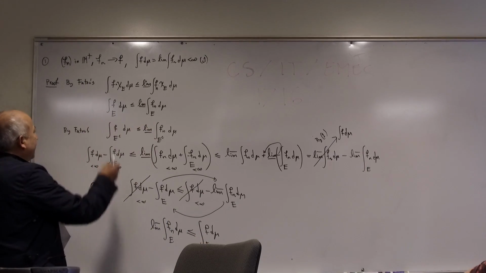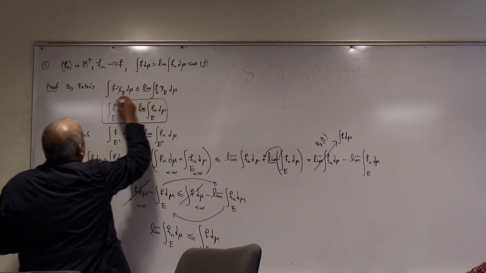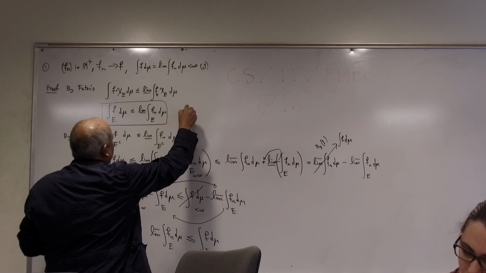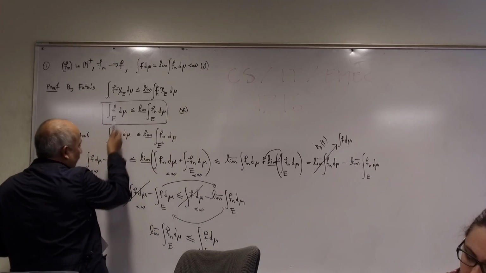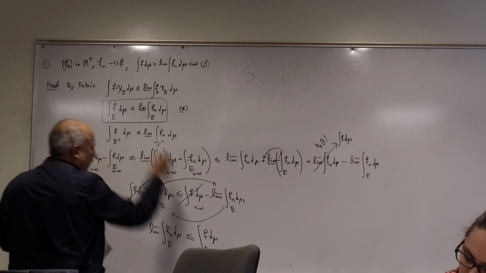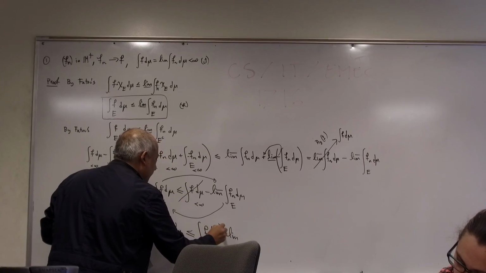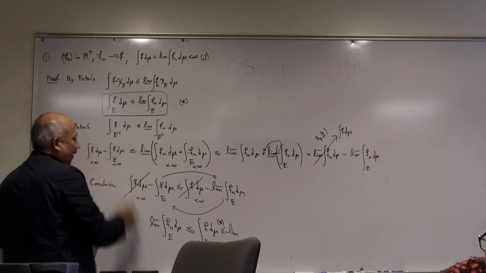So if you combine this box with this box, you get it. Let's call this star. So by star, the integral of f on E is less than or equal than the lim inf. When you combine this, you finish the problem. Just put these two things together and that's it.